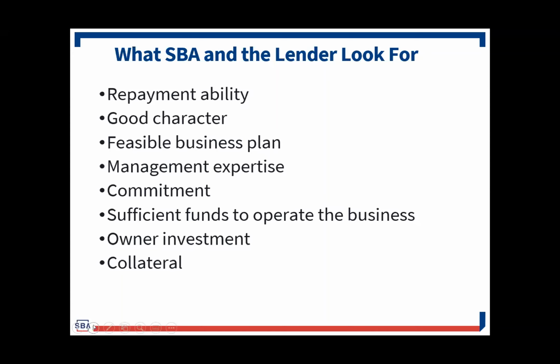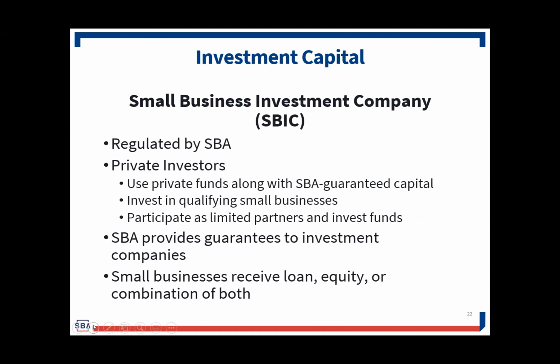Even with SBA's guarantee, we cannot do 100% financing, that you have sufficient funds to operate the business. So we're not interested in offering you less than what it is that you determine you need to finance the business, and your willingness to offer collateral to support the loan. Now, SBA is not a collateral lender, so we will not decline a loan solely for lack of collateral.